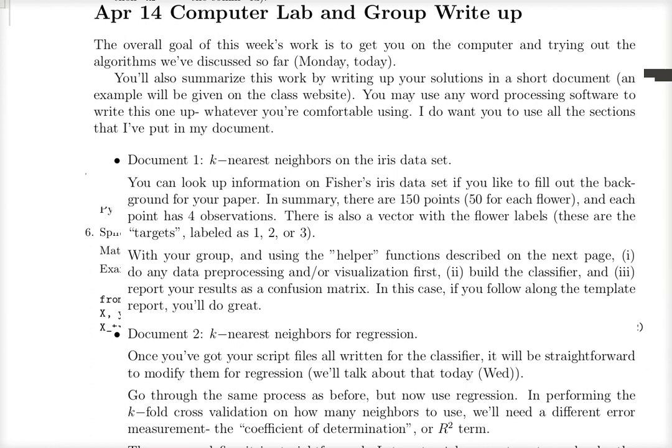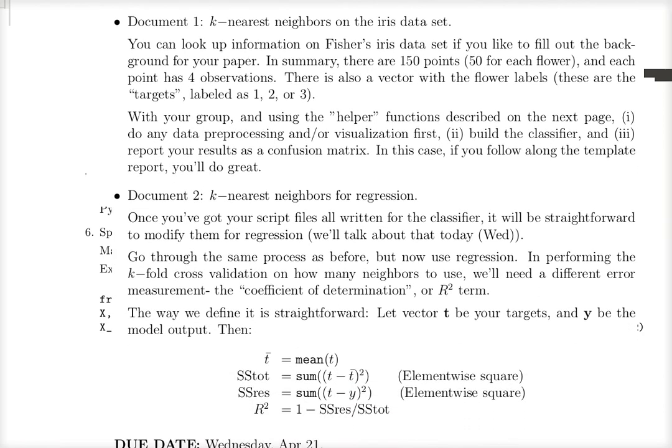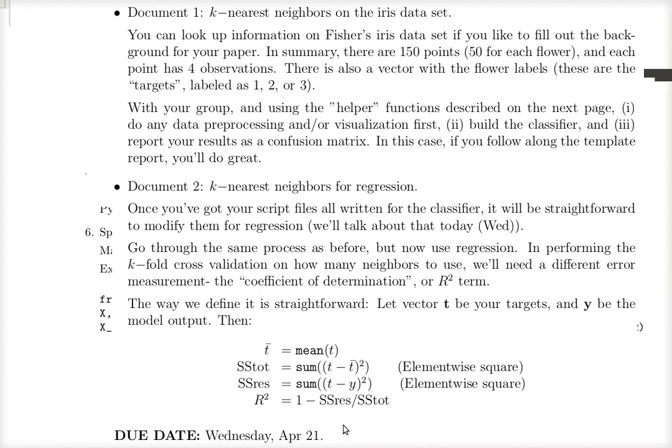The thing with the regression is, instead of a confusion matrix, we'll be using something called the coefficient of determination, or R squared, to figure out a good way of seeing how good our fit is for our function. The way to compute that is, if you have targets T and model output Y, you can go through these computations here and find the R squared.